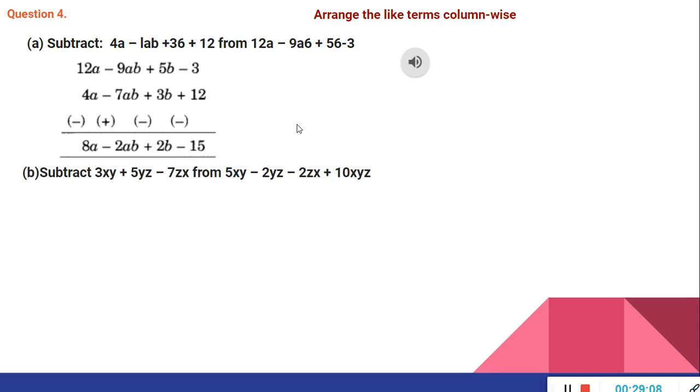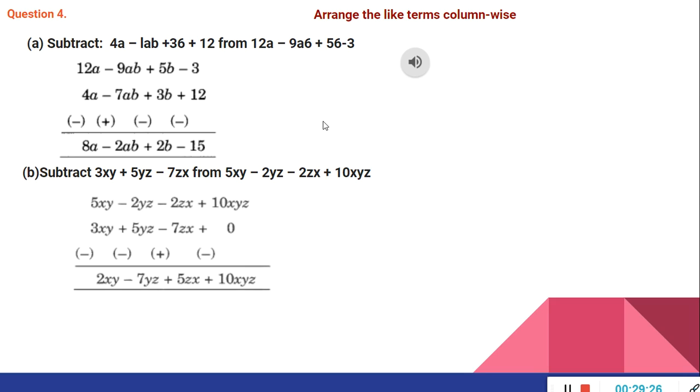Second one is subtract 3xy plus 5yz minus 7zx from 5xy minus 2yz minus 2zx plus 10xyz. First arrange it in like terms. So 5xy minus 2yz minus 2zx plus 10xyz, minus 3xy plus 5yz minus 7zx.